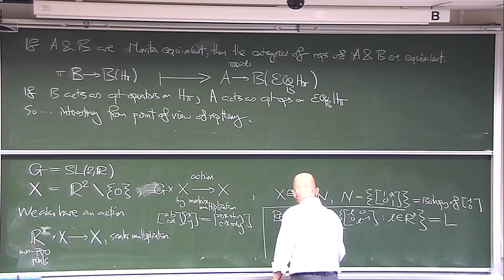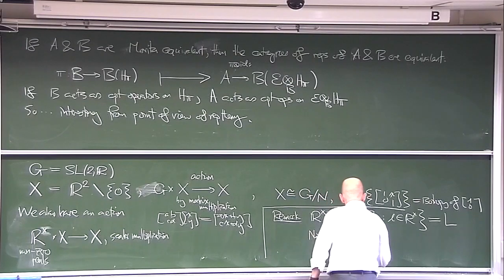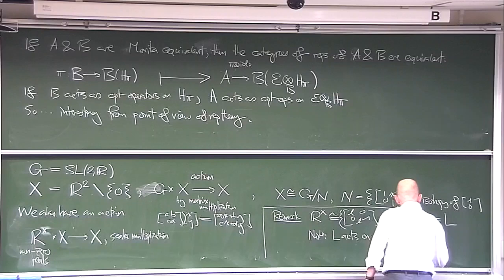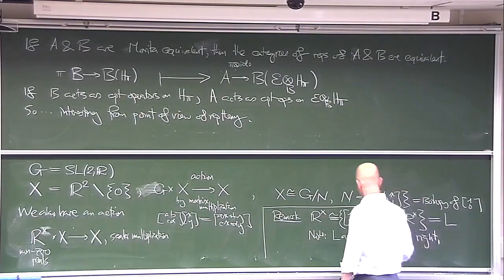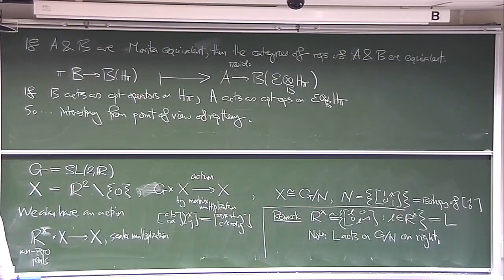Anyway, L acts on the space G modulo N on the right. It acts on the right because L normalizes N. If you take an N matrix and you conjugate it by an L matrix, you get another N matrix.